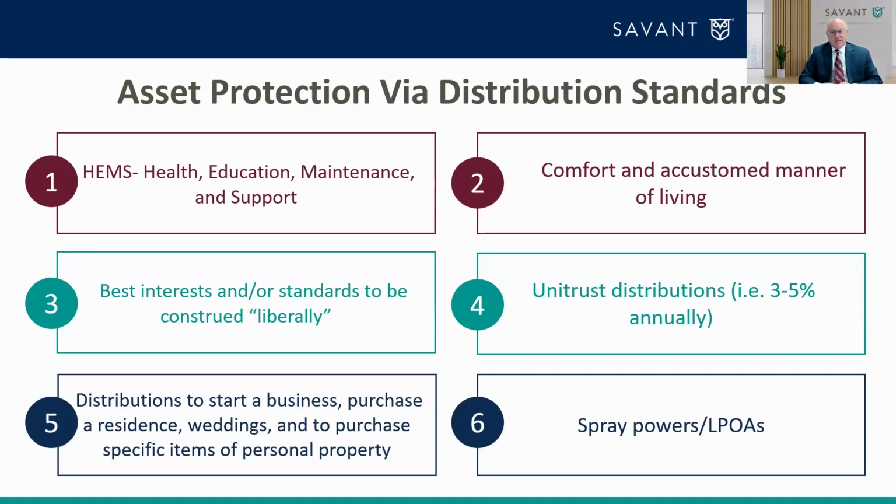The next big thing is, okay, I've got asset protection for the next generation, but what's the distribution standard? There are a lot of different types of standards. This is how the property comes out of the trust, principal and income. Many people use a unitrust distribution structure, a 3% or a 5%.